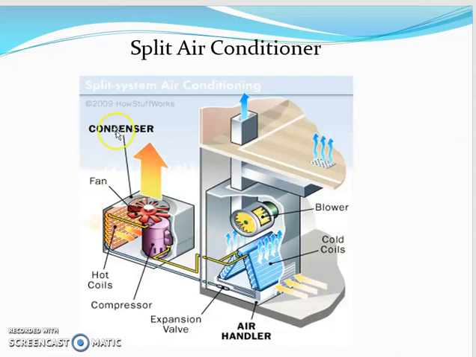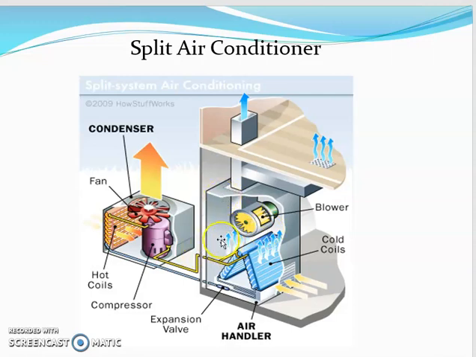If you see this figure, this is the outdoor unit with the condenser and compressor, and this is the indoor unit, inside the space of the room. The indoor unit has the evaporator, blower and expansion valve, and both units are connected by just small diameter tubes. So for installation we need just these holes only, but in the case of window AC we need window sills.